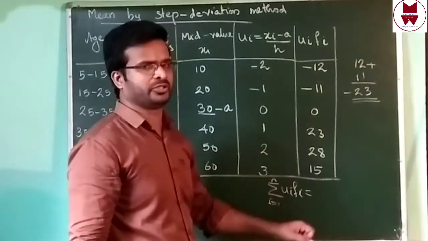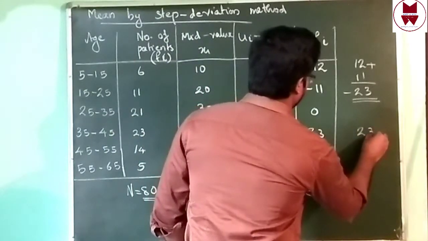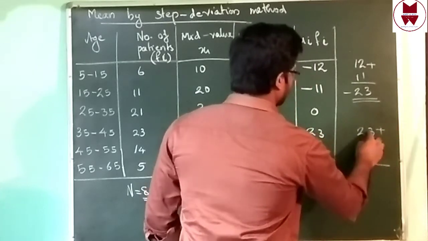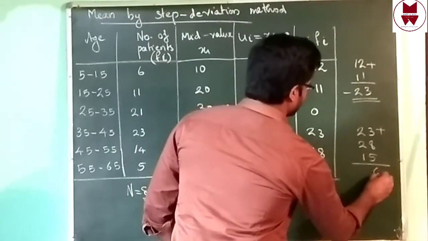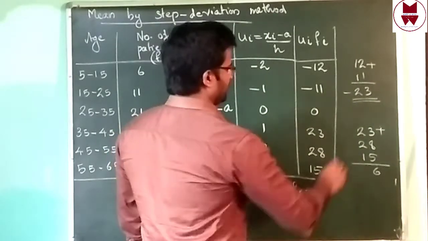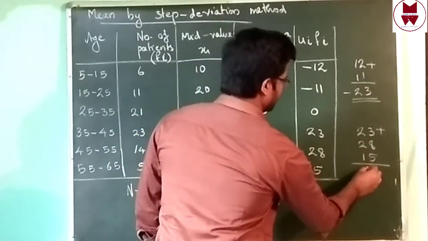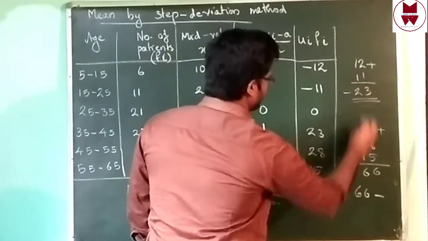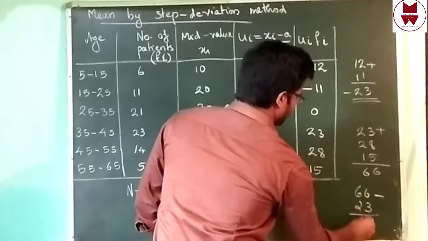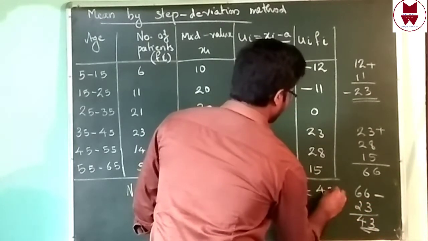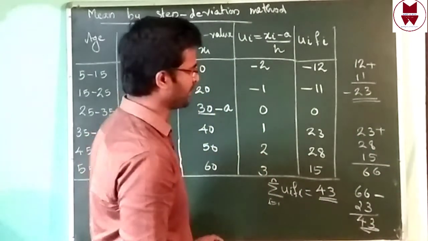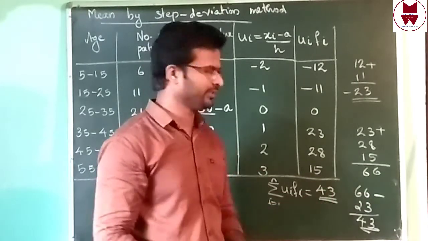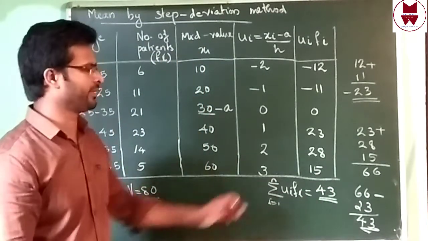Now we can add the positive numbers: 23, 28, 15. 3 plus 8, 11, 11 plus 5, 16, then 5, 6. You will get 66. Then 66 minus this 23. You can subtract, you will get 43. Plus 43, because here 66 is the bigger number and that sign is plus, isn't it? That's why the sum of ui fi is equal to 43.